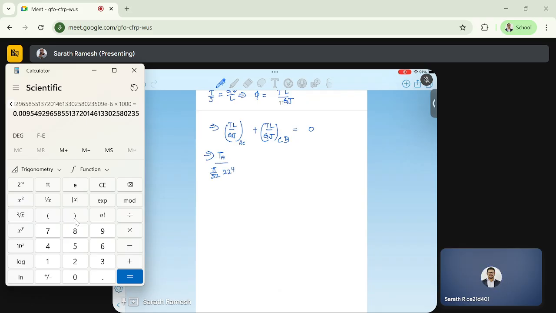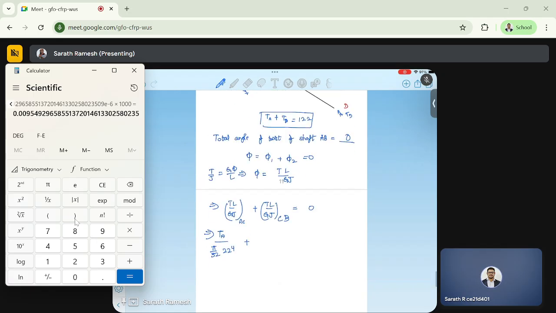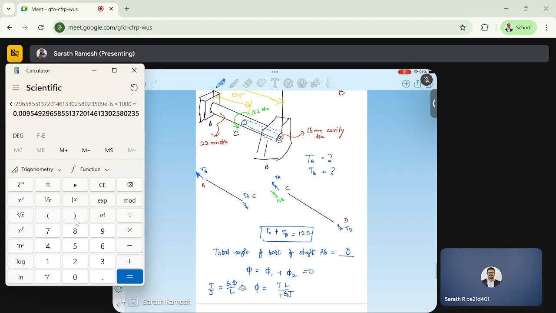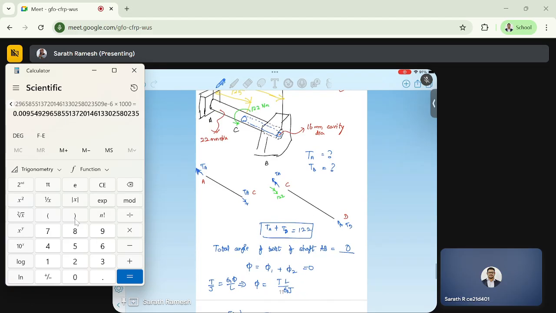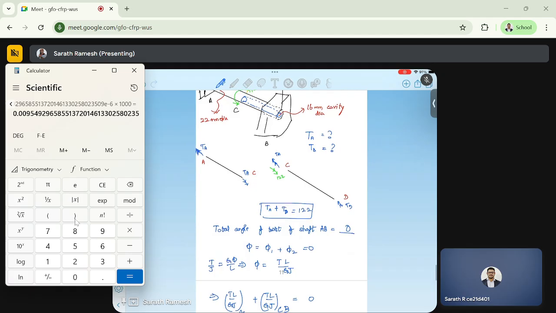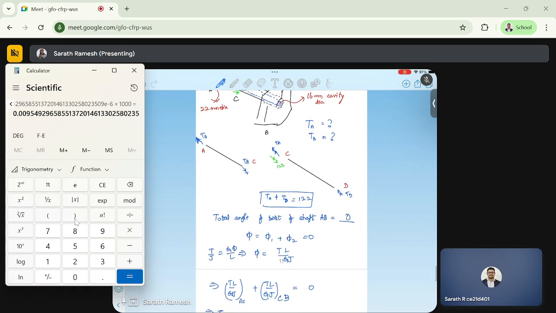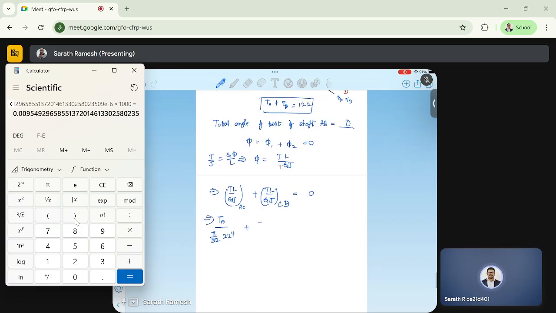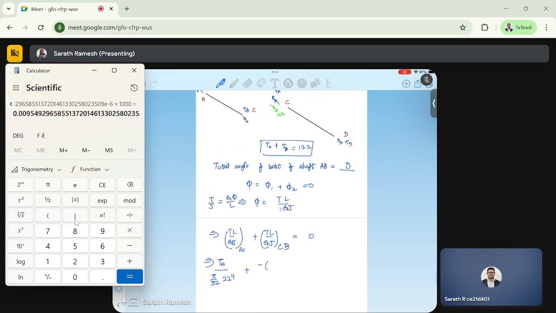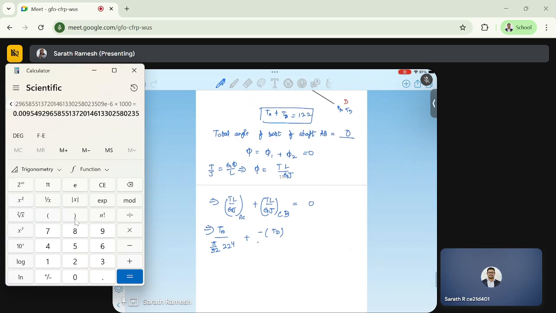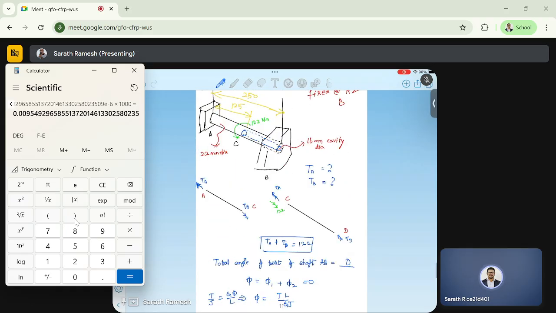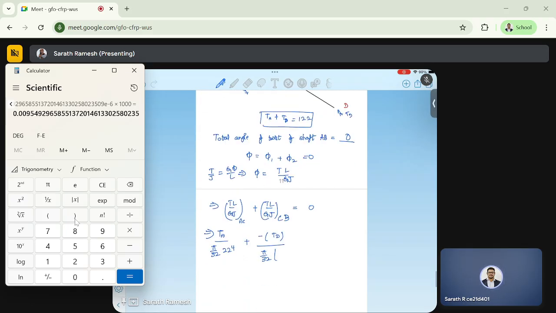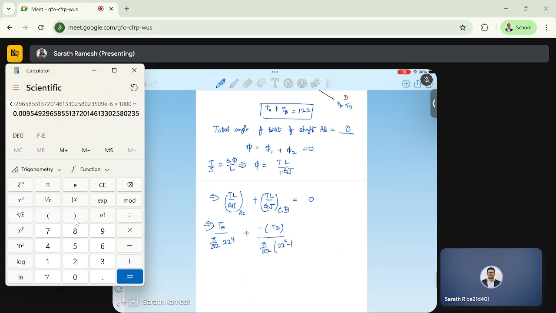D power 4. Plus, what is T here? And it's negative, so negative of TD, right? TD by pi by 32, these cancel, and here it's hollow, so 22 minus 16.